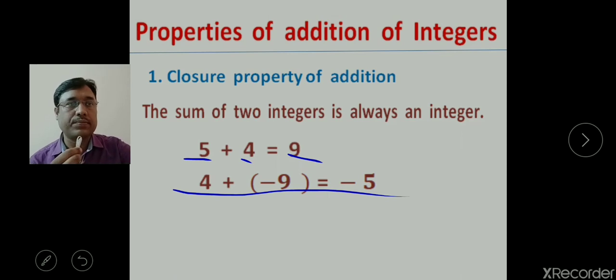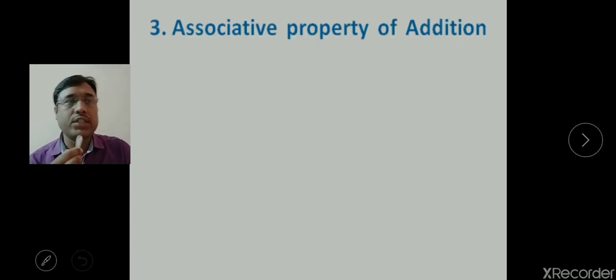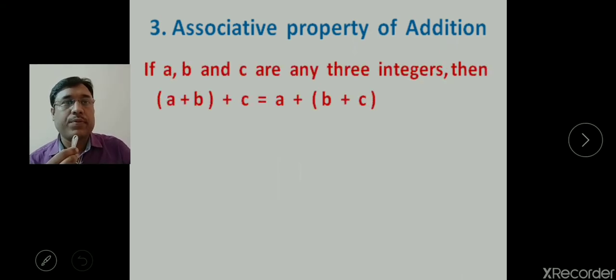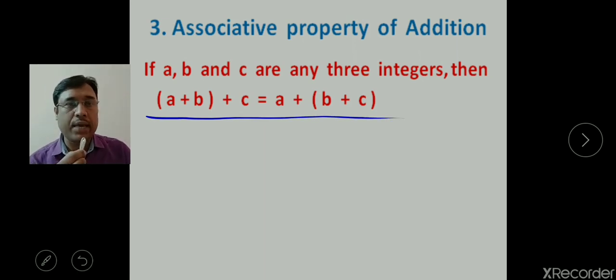Next we have the associative property of addition. In this we can say that if A, B and C are three integers, then on the LHS we group A plus B in brackets and C is outside, and on the RHS A is outside the bracket and B and C are grouped in one bracket.